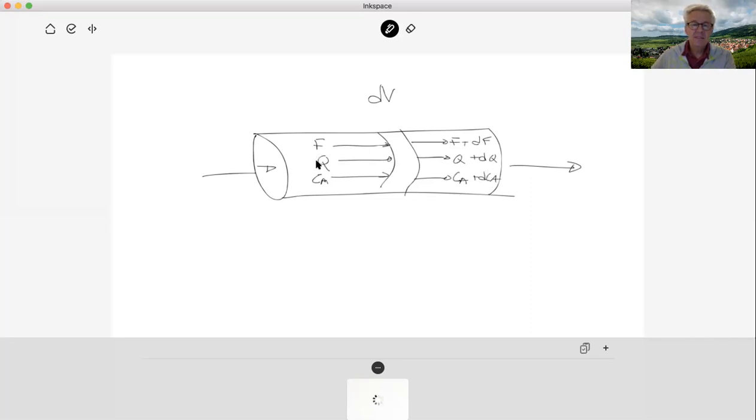So the mass balance is what goes in plus what is produced equals the output. And in molar terms, this is F plus R dV is the input flux, and that should balance the outflow. And so we see that these two terms, they will cancel out.